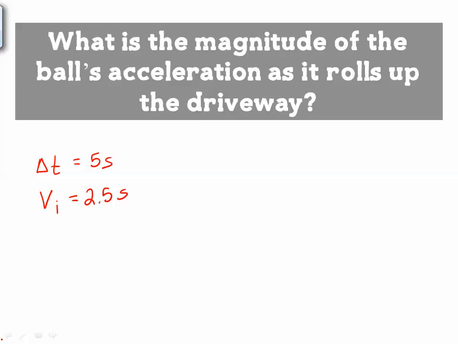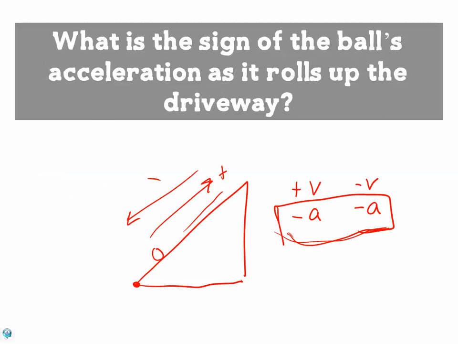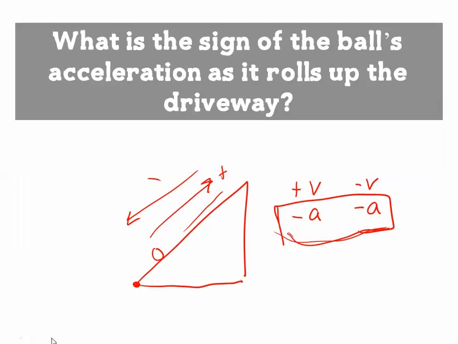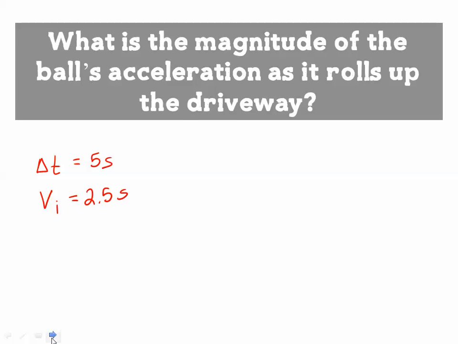Let me double check the sig figs here. 5 seconds is our lowest amount of sig figs. So we've got our final velocity, which is, we know it rolls up.